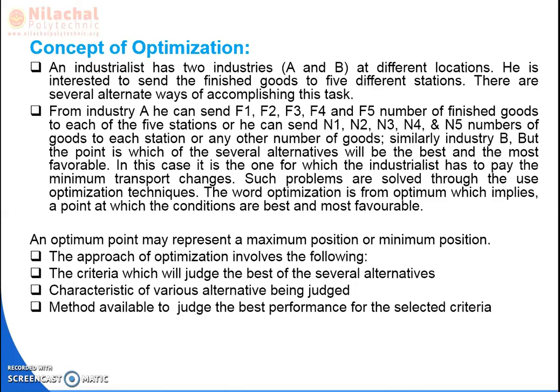There are different approaches followed in the optimization process. First, we have to select the criteria which will judge the several alternatives. We have to check the characteristics of alternatives. Then different methods are to be used to judge the best performance for the selected criteria.